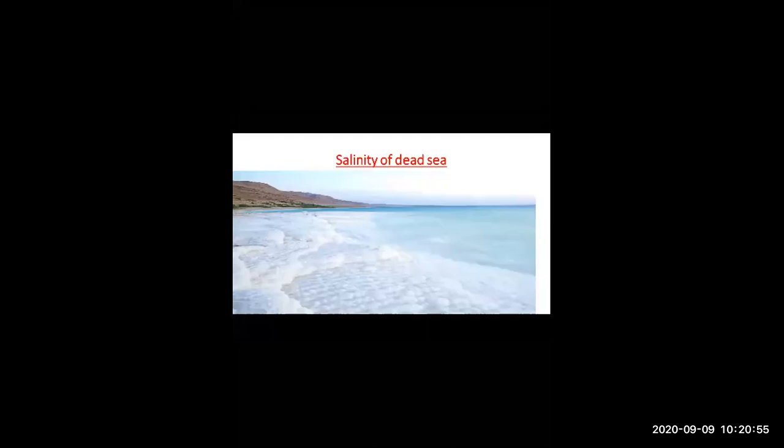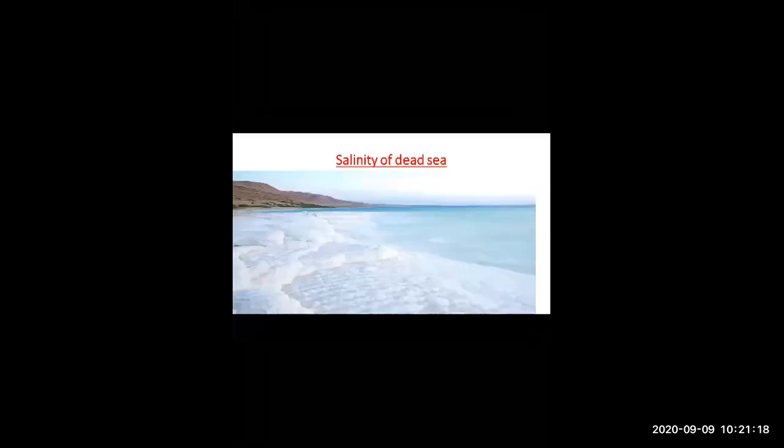Now, first of all, the Dead Sea is lying on the border of Israel and Jordan. And here the salinity of the sea is 332%. And not only that, students, the next thing is that it is lying near the border of Israel and Jordan.